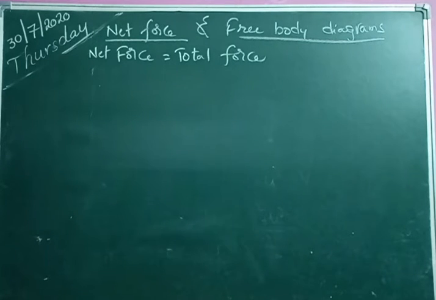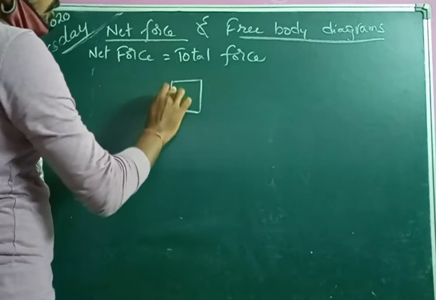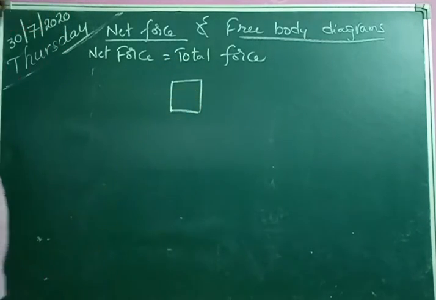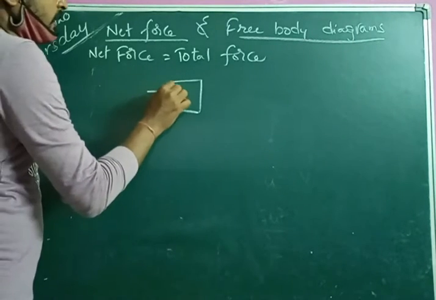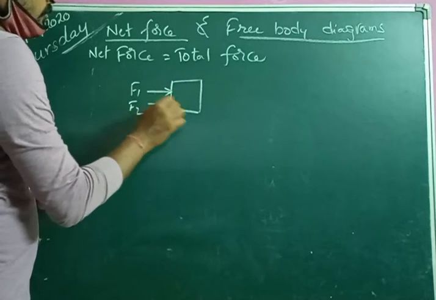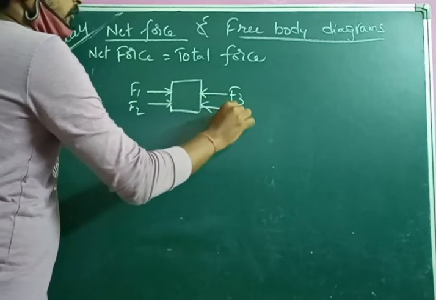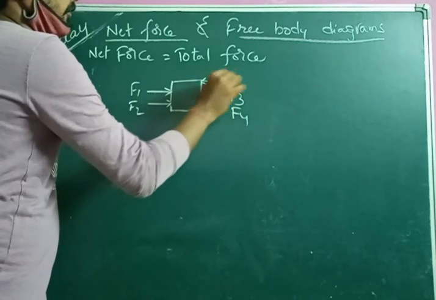for example, there is a body. On this body, there are so many forces acting on the body. Let's say F1, F2, F3, F4 and F5.